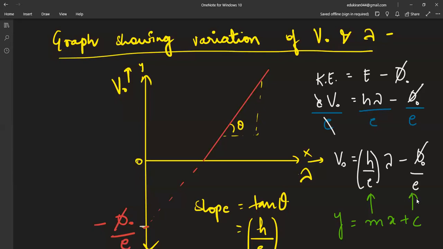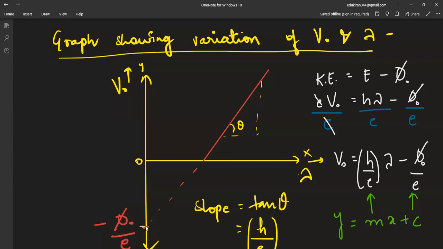And this is the y-intercept, which is minus phi naught by e. Since it is negative, that's why it is drawn on this side of the axis, cutting it.